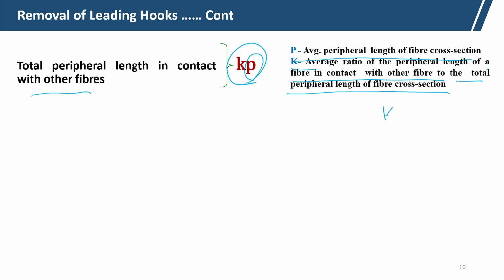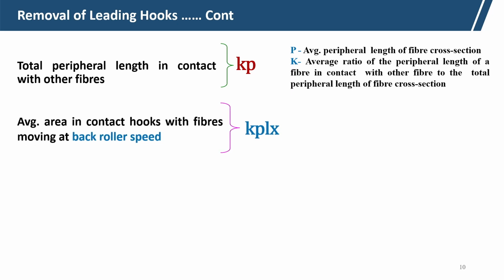So, if K is x by p, then x equals Kp. So, x is the total peripheral length of fiber in contact with other fibers, Kp, and the average area in contact of hooks with the fibers moving at the back roller.